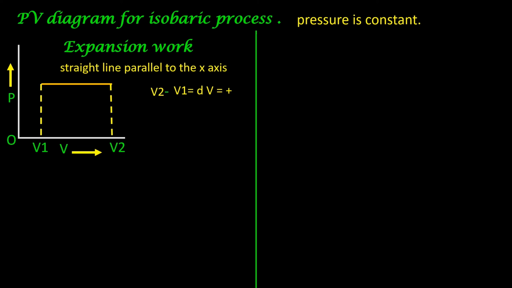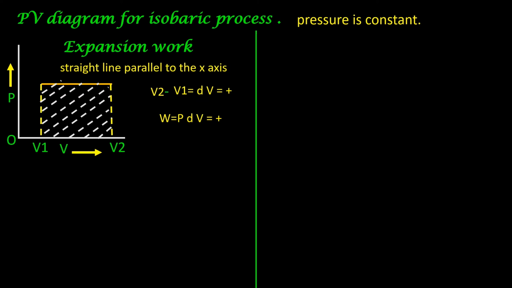What is the expression for work done? Work done is equal to P delta V. It becomes a positive value. But what is the significance of PV diagram? Without using any formula, we can calculate the work done from PV diagram. That is, it is the area under this graph. In this case, the area under the graph will be a regular shape.